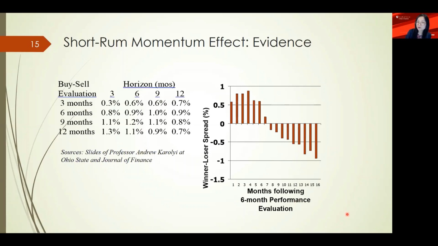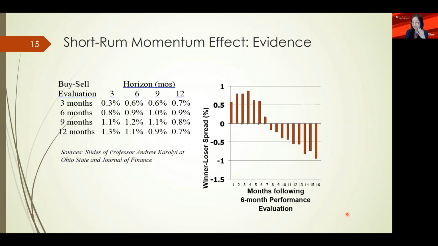Okay, so the takeaway from the study is, who did the study? Jegadeesh and Titman. What did they find? They found the short-term return momentum effect. And what's their story? Their story is people tend to underreact to short-term return information.